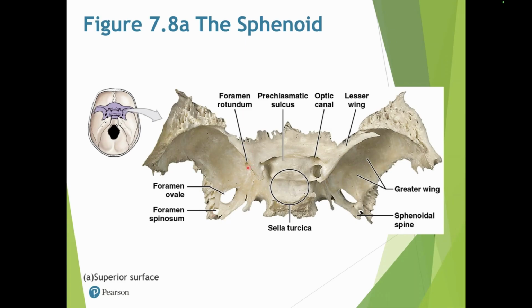Foramen rotundum. A little harder to see. We'll see it better in the other view. Prechiasmic sulcus is going to be anterior to the sella turcica. You have an optic canal. It's hard to see in this directionality, but you'll be able to see it in the next ones. And you have your sphenoidal spine.